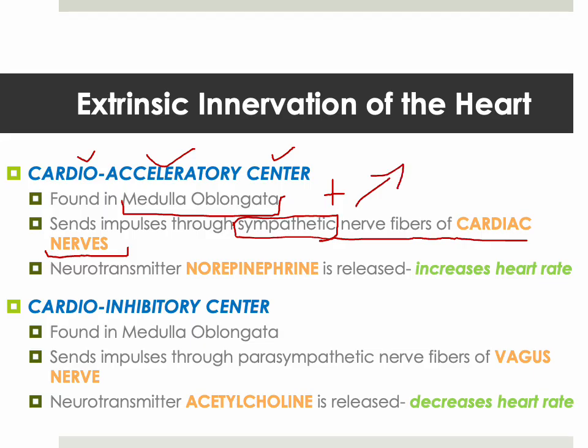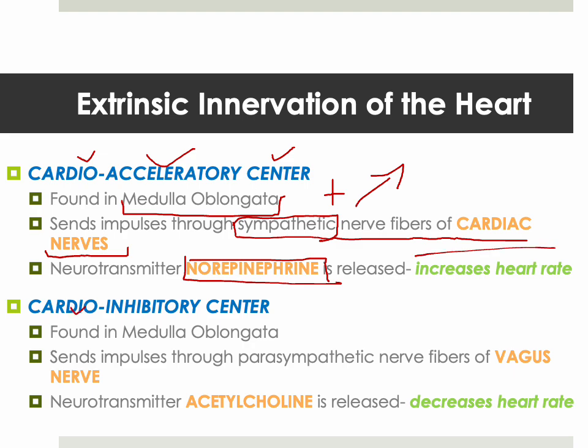It uses a neurotransmitter known as norepinephrine, another name for which is adrenaline. Adrenaline excites us and makes us more active, because it makes us ready to fight or flight.